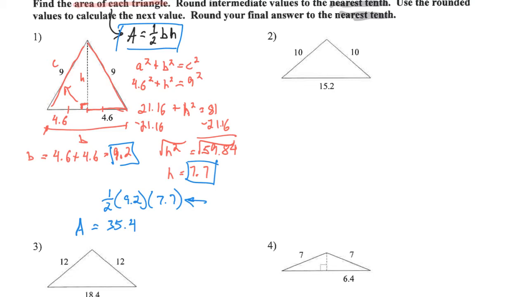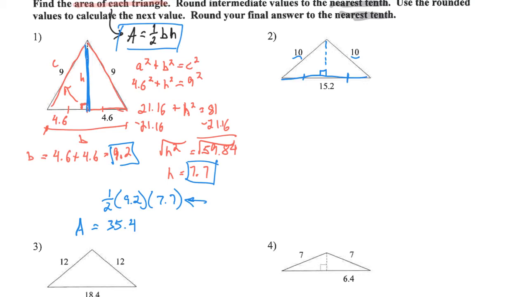You want to find the base and you want to find the height. So if you look at number 2, you already have the base. All right, you just don't have that perpendicular line like we did in number 1 right there. So you make it yourself. Just put a perpendicular line right down the middle. And since this is an isosceles triangle, because the sides are the same, they're both 10, we know that this 15.2 is going to be split evenly, this side and that side.